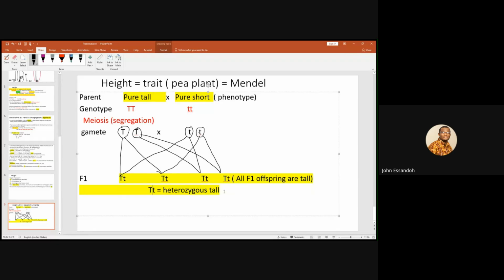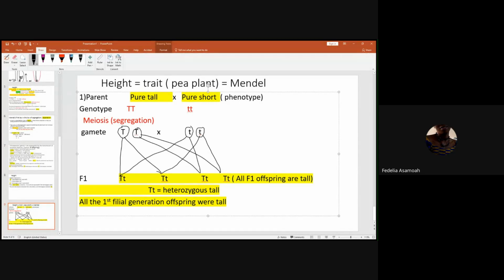And no wonder all the first filial generation offspring were tall. And we know why, because they were heterozygous tall. So this is the first experiment that Mendel did. This is experiment 1.